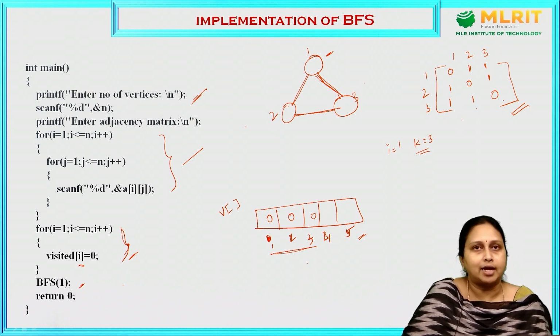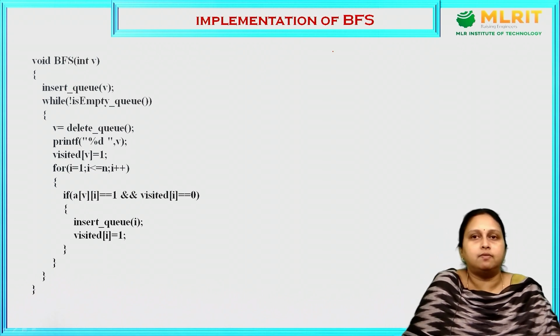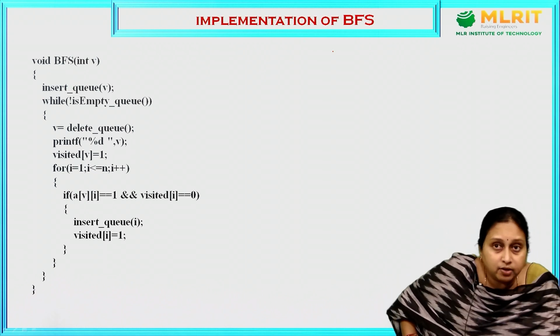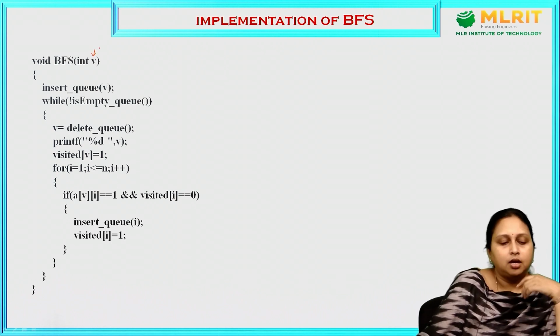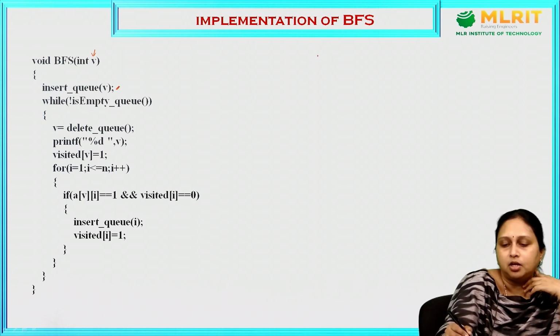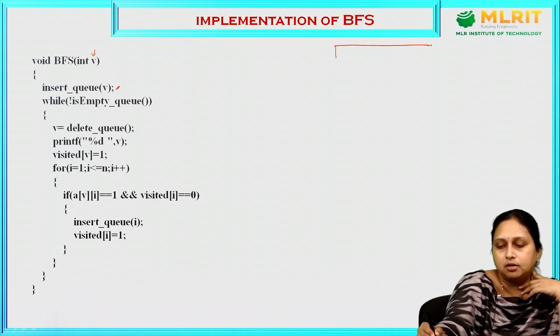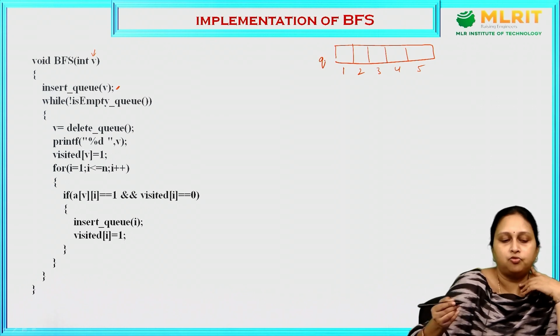Now, come to the actual logic. Whatever you have taken will be passed into V. Now, you are going to call the function called insert. We have taken a queue with size 5, and this is the name of your queue.